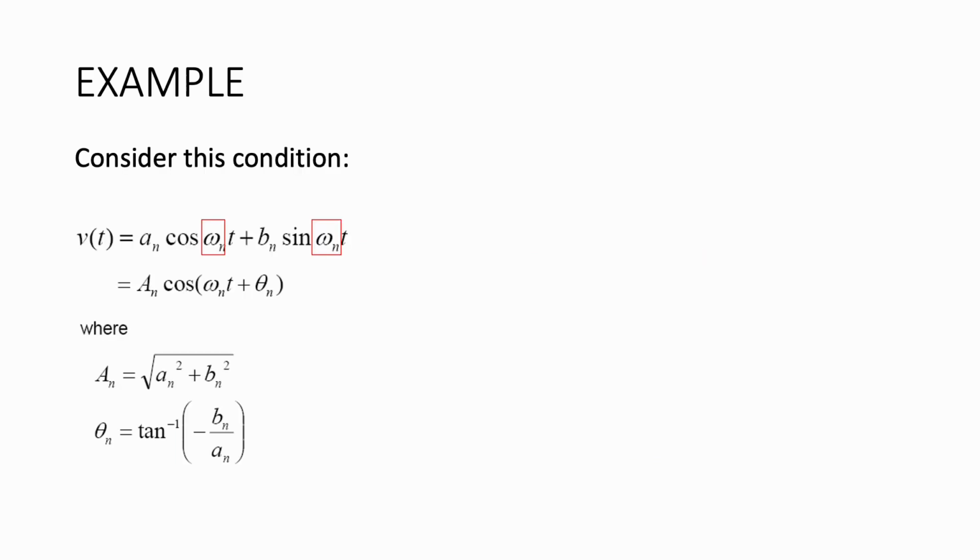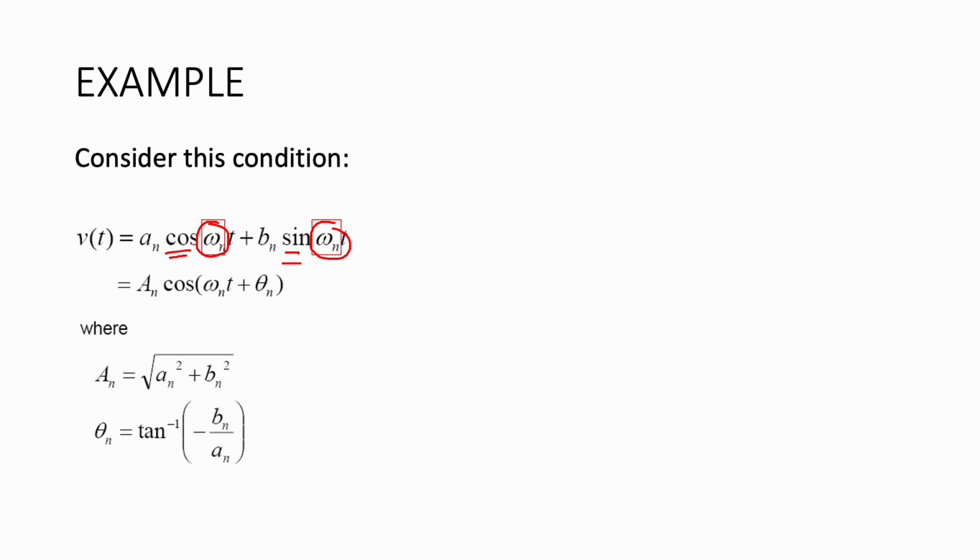Alright. Let's say you have been given another condition where the omega is the same. We have the same omega, but for that same omega, we have both cosine and sine. As I mentioned earlier, we don't want any sine in that equation.